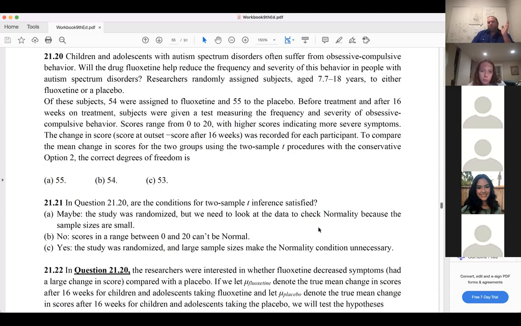When it says, by the way, the conservative option 2, if you recall in class, I told you a very complicated formula for degrees of freedom and said, but if you don't want to use that formula, just do this one instead. That's the conservative option 2. So hopefully you remember what I said.